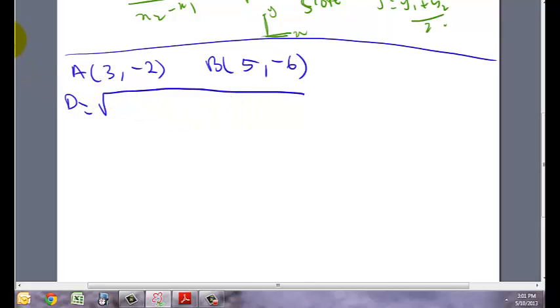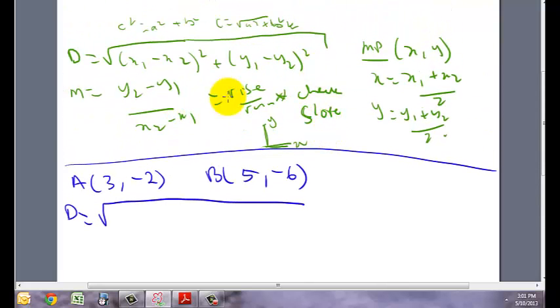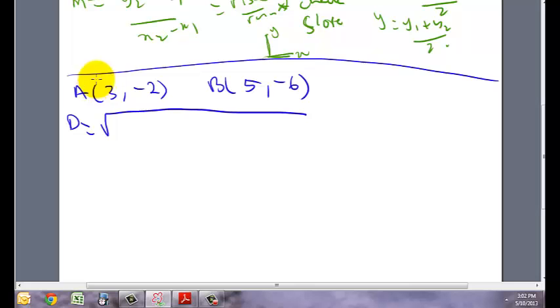Well, before you do anything, a good approach is to always label where x1, x2 is and where y1, y2 is, because then you'll know your formula. And I do recommend writing these formulas on the top of your exam paper just once, so that when you're doing the exam, you don't have to keep writing the formula out every time. You can just refer back to the top of your exam, and that's a good exam technique. So we've got x1, y1, x2, y2.